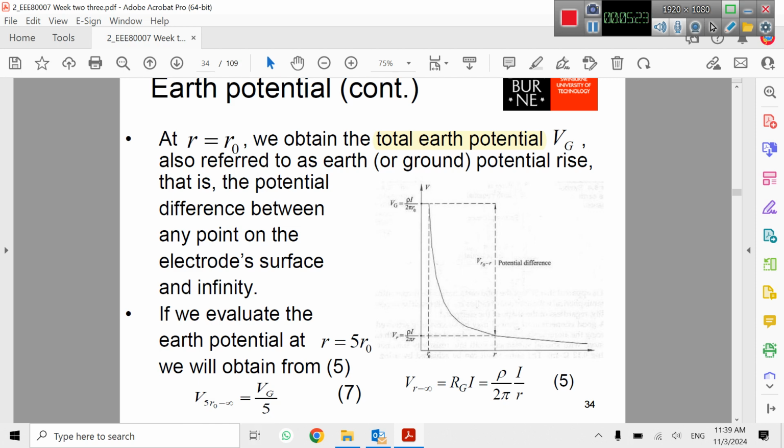So if we go 5 times further, it reduces 5 times.